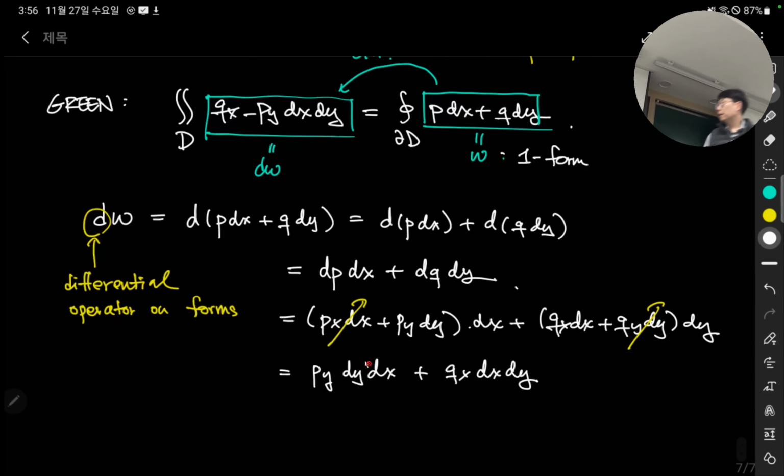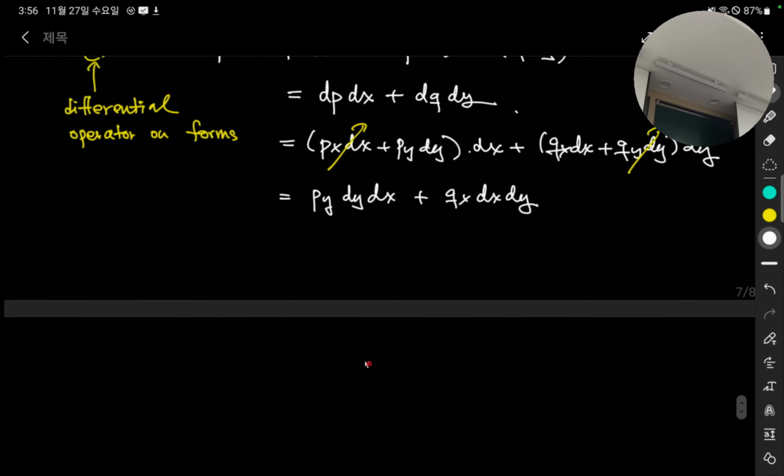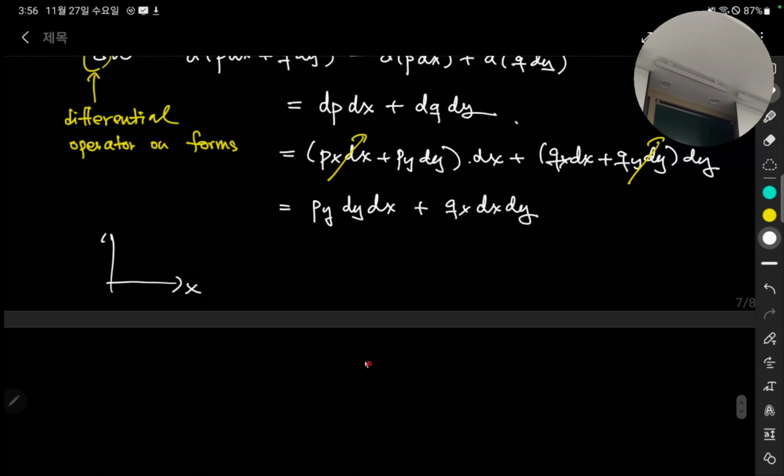Now, we are slowly giving a meaning to dx and dy, although I mentioned that dx dy doesn't have a meaning. But now think about the meaning of dx and dy. If you take the order of dx dy in a reversed way, it means that you change the orientation. If you look at dx first and dy next, it's something like you have the x coordinate plane this way.